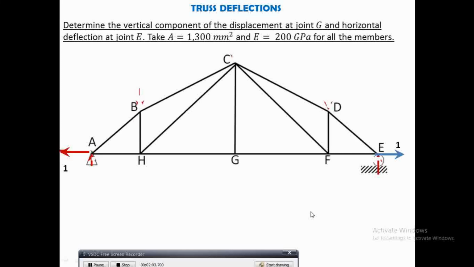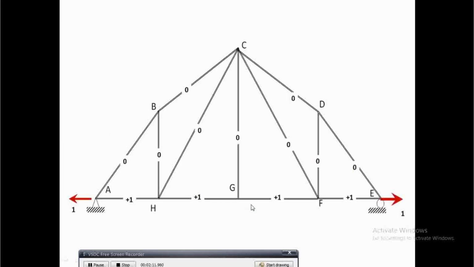After na nakuha ko yung mga reactions sa support due to that 1 unit load, makukuha ko na ngayon yung mga values for each members and this is my answer. Paano ko nakuha yung value na positive 1 tapos 0 itong mga to? Now, again, I used method of joints and method of sections to determine these values.